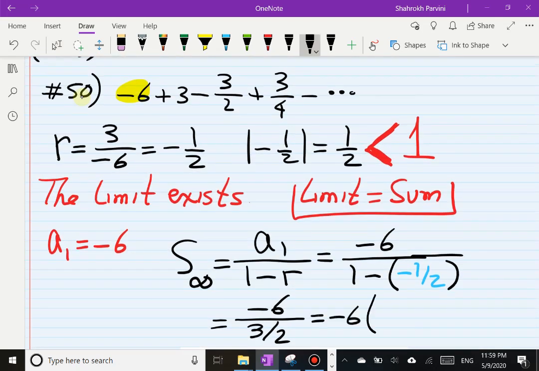So that's -6 times 2/3. And of course, next step, 3 and the 6, we divide the 3's out. -2 times 2 is -4. And there's the answer. -4 is the sum to infinity. If you add these terms to infinity, it's going to be -4. And again, you can add just the first 4 or 5 terms. You'll see that you're already almost at -4, which is very impressive about these series.